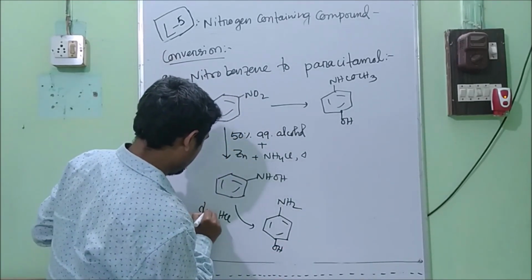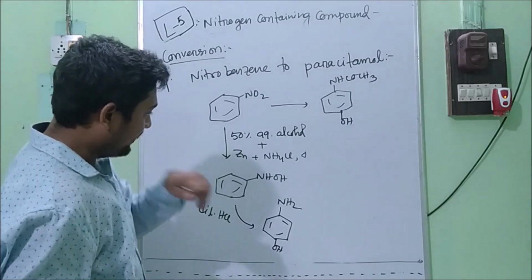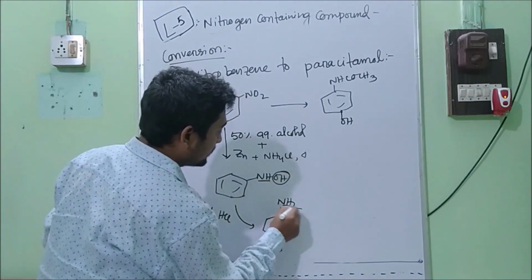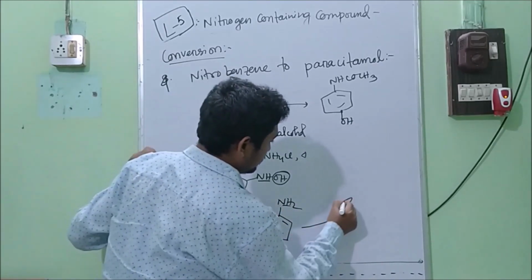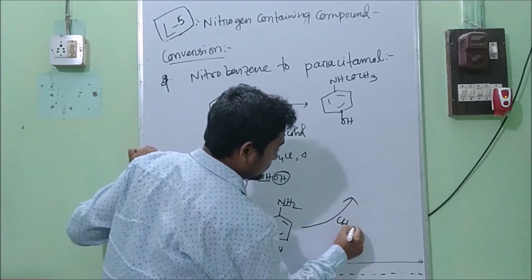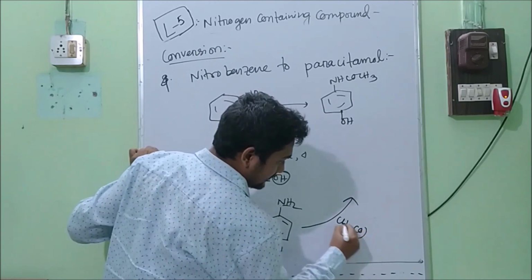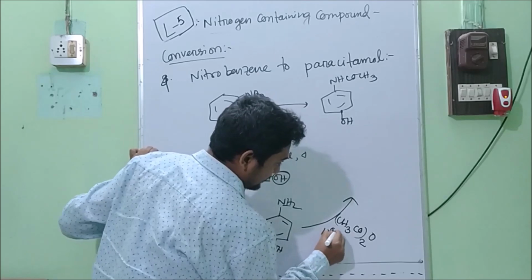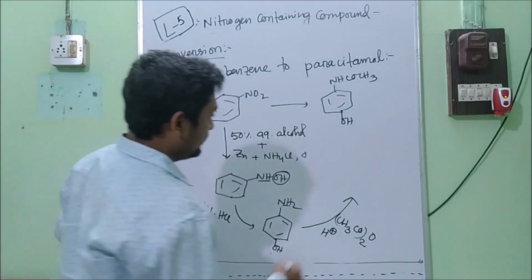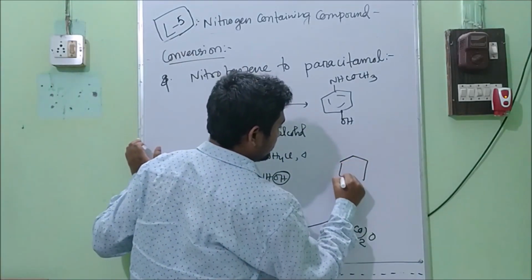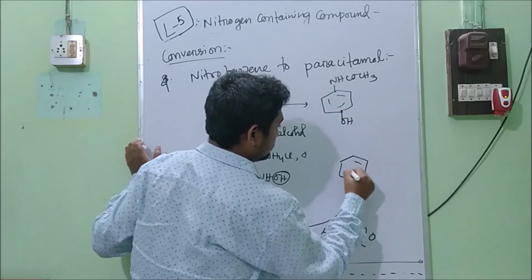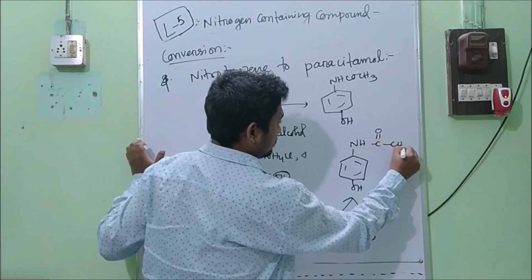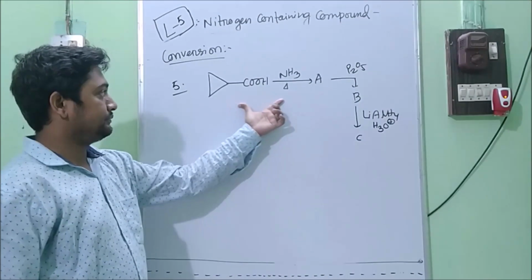Okay, and this OH group will come into the para position. Now if we use acetic anhydride in presence of an acid, then it will convert into NHCOCH3.